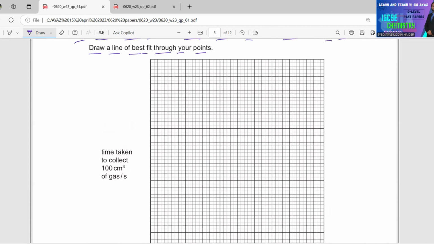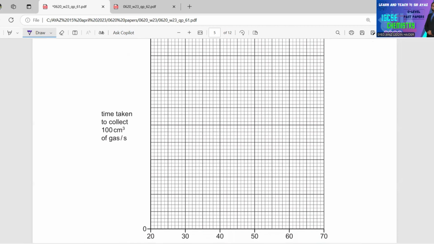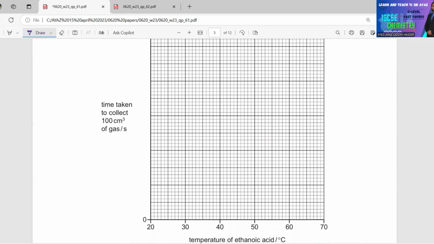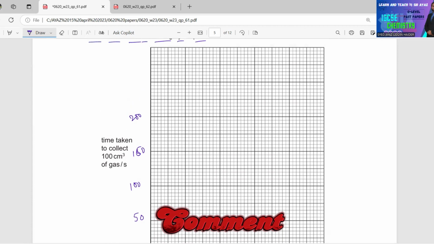So what I will do, take this as 50 seconds, then you have 100 seconds, 150 seconds, and on the y-axis, 200 seconds. After 200, you are having 250.